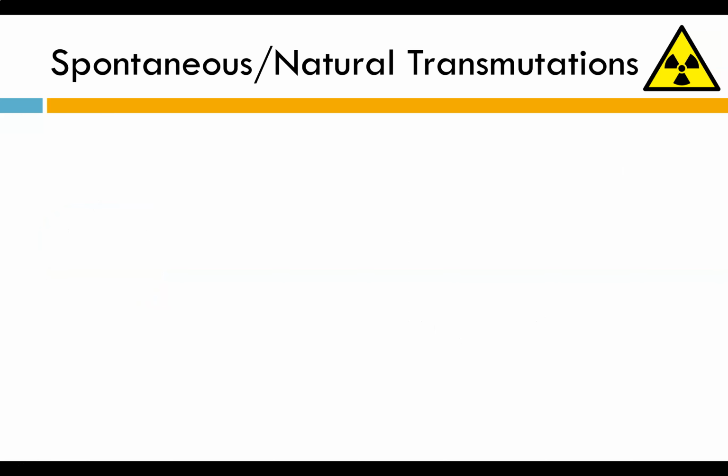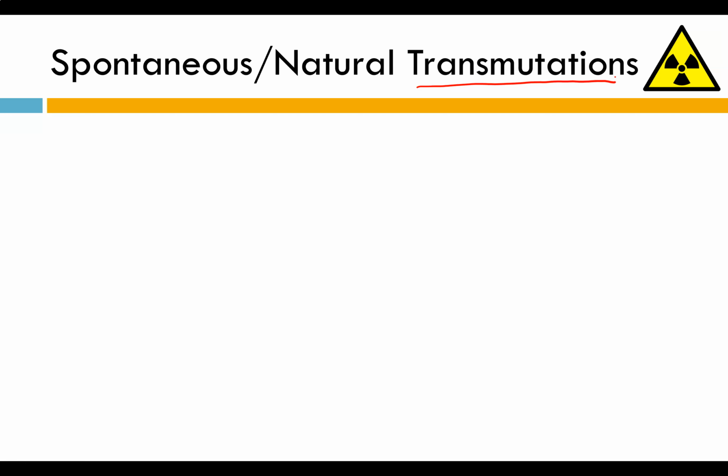All right, so I want to start by looking at spontaneous or natural transmutations. What does the word transmutation mean? I'm guessing you know what the word mutate means, or you've heard it before. Talking about turning into something else. When we're looking at transmutations, we're talking about one element or atom turning into a different element or atom.